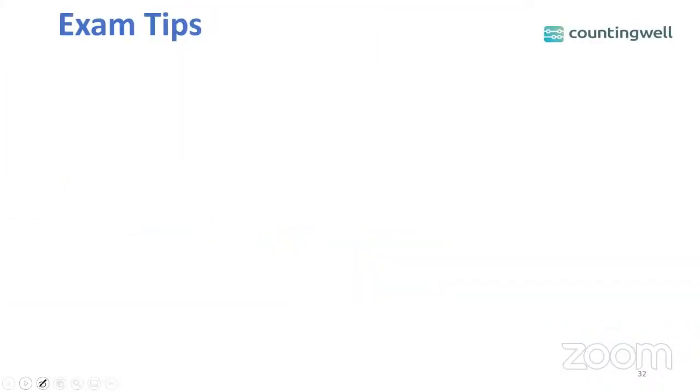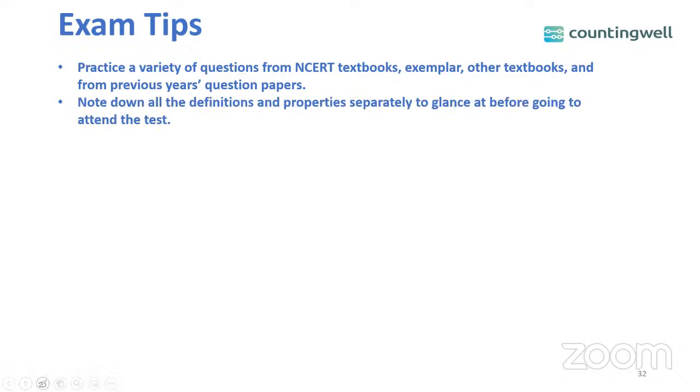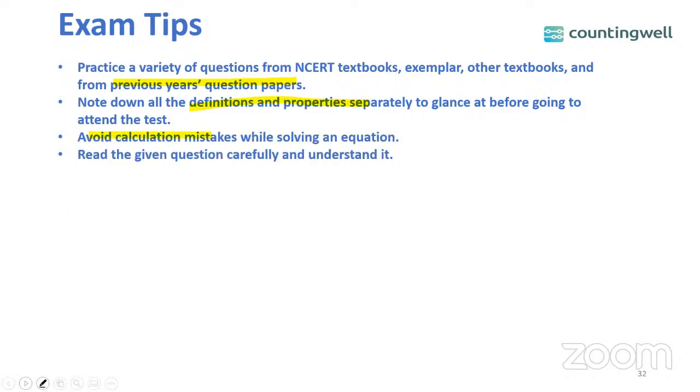Let us see some exam tips for this chapter. First, you have to practice a variety of questions from NCERT textbooks, exemplar and other textbooks, and also from previous year question papers. You have to note down carefully the definitions and properties to use them effectively. Then you have to avoid calculation mistakes while solving any equation.